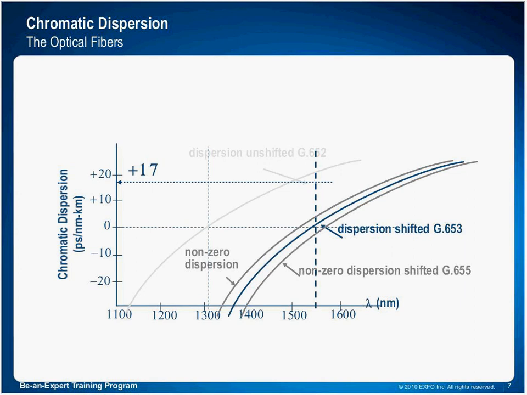And the non-zero dispersion-shifted fibers, the G.655s, will be a little bit above or a little bit below the zero value. The reason is that when you have a zero chromatic dispersion fiber, 0 picoseconds per nanometer, we open the door to other types of issues that can arise, such as four-wave mixing and things like that. So we might find non-zero dispersion-shifted fibers instead along our networks. We'll see a little bit more about that as we continue in this presentation.